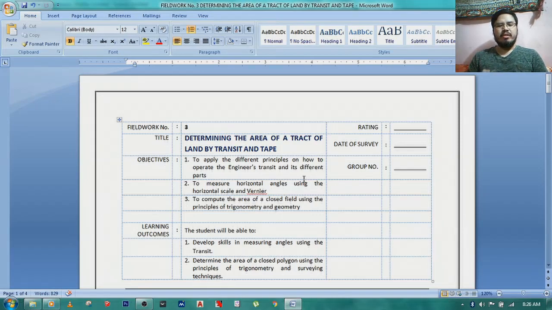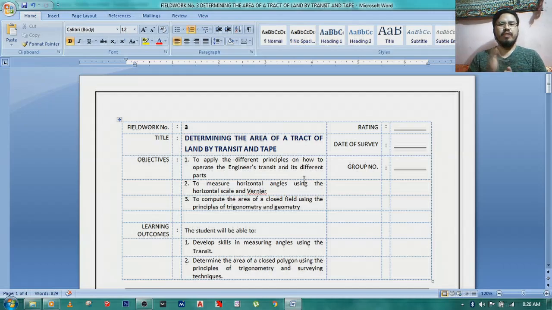Some of your classmates asked me, Sir, can we use the transit? Like when the situation becomes normal and we have face-to-face classes, can we use the transit, or at least operate it? The answer is yes.